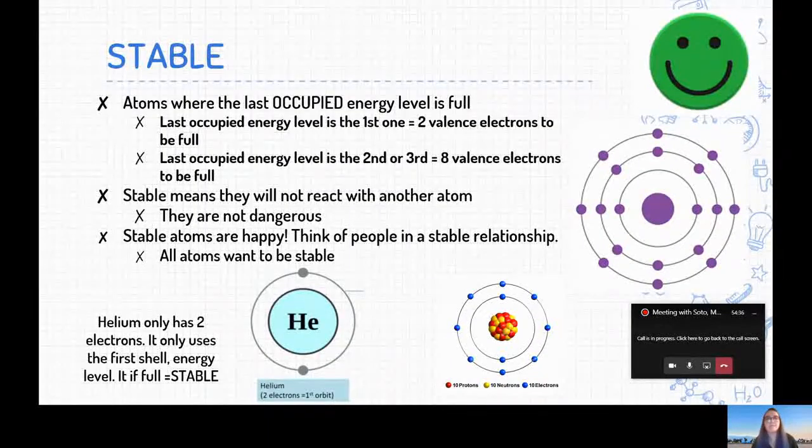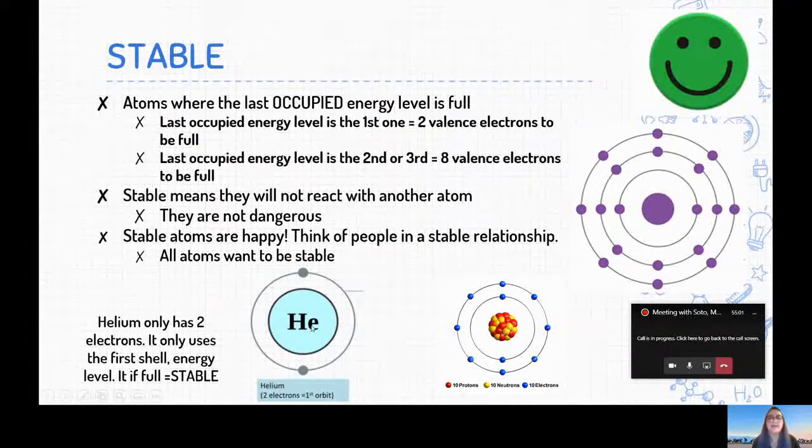So those stable atoms are when the last shell is full. So in the first shell, like I said, we can only fit 2 electrons. And the element that has 2 electrons is helium. Helium is an extremely happy element. It's able to exist by itself with no issues.